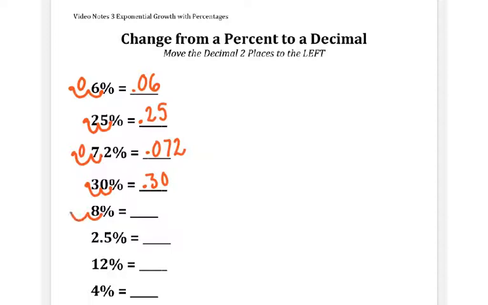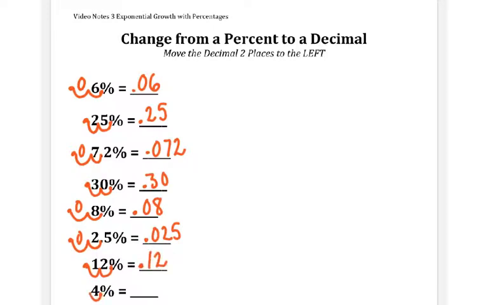Move that 2 spaces to the left. So 8% is written as 0.08. Next, 2.5%, move that decimal 2 places to the left, so that's 0.025. The next one, 12%, move that 2 places to the left, so that's 0.12.